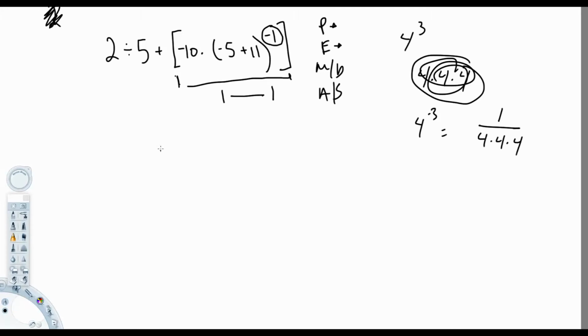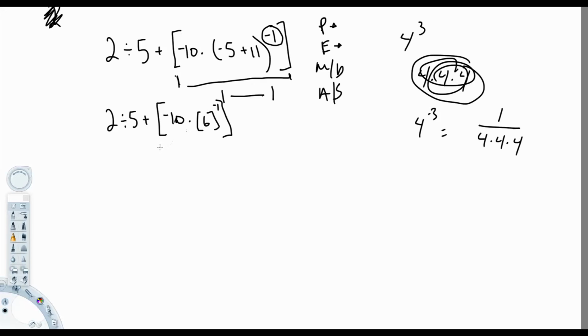So first things first, parentheses. 2 divided by 5 plus negative 10 multiplied by minus 5 plus 11. Well, that comes out to 6 in my book. Negative 1.